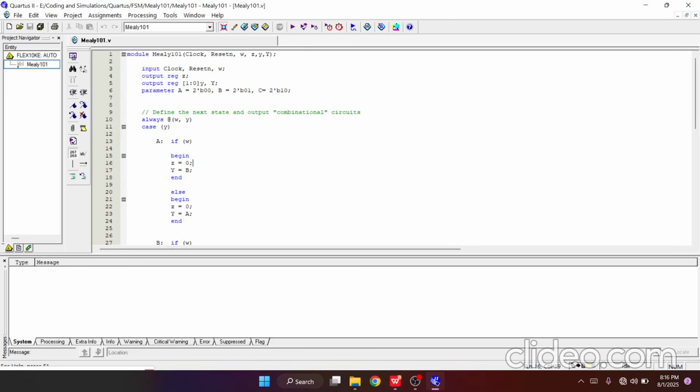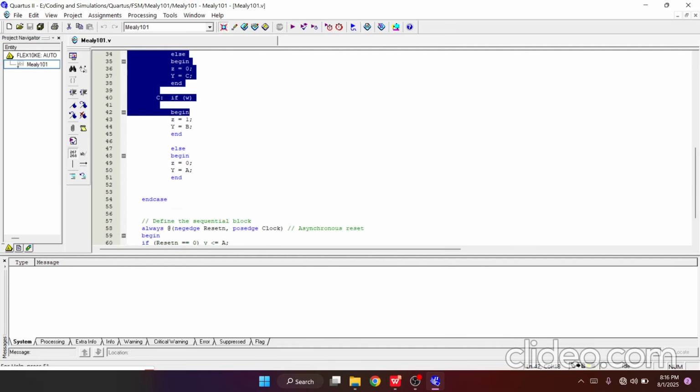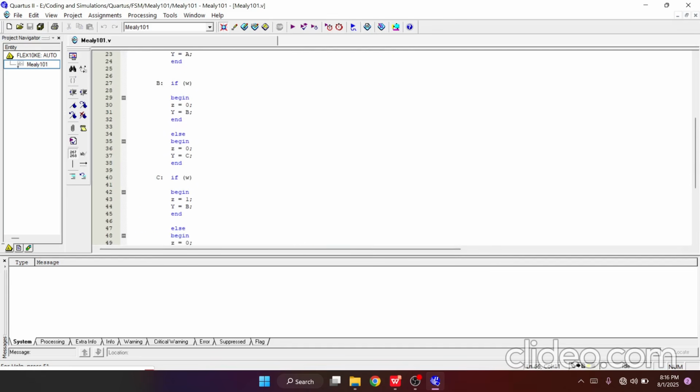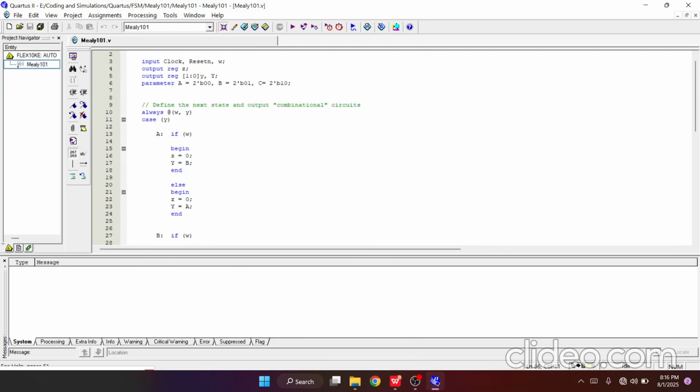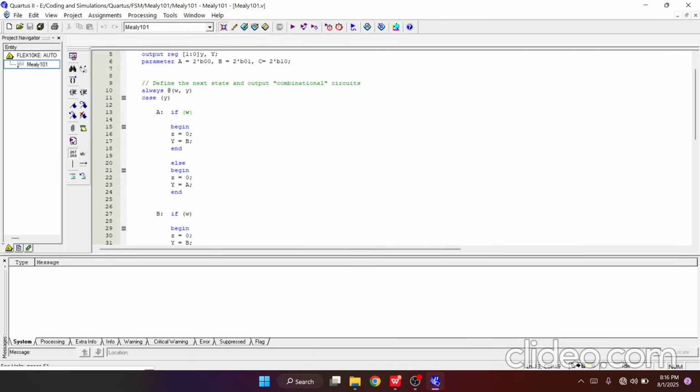So this is the code. I will not explain anything here. The only difference is that the Z values are now changing depending on the present state as well as on the current inputs, which was not true for Moore type.